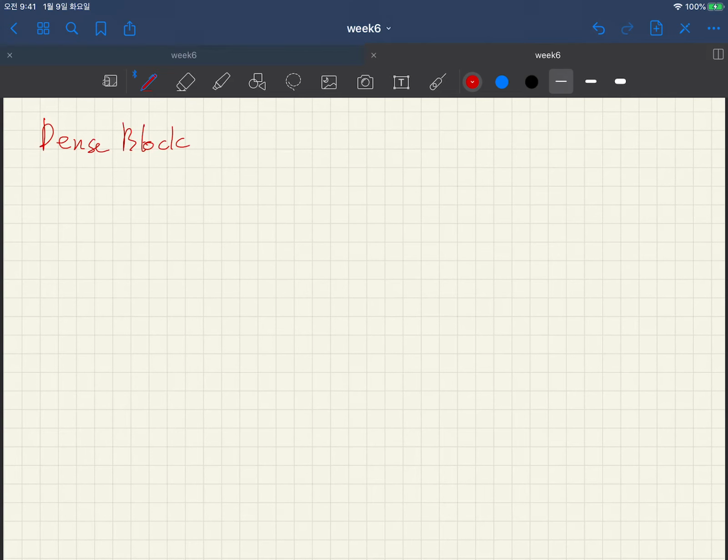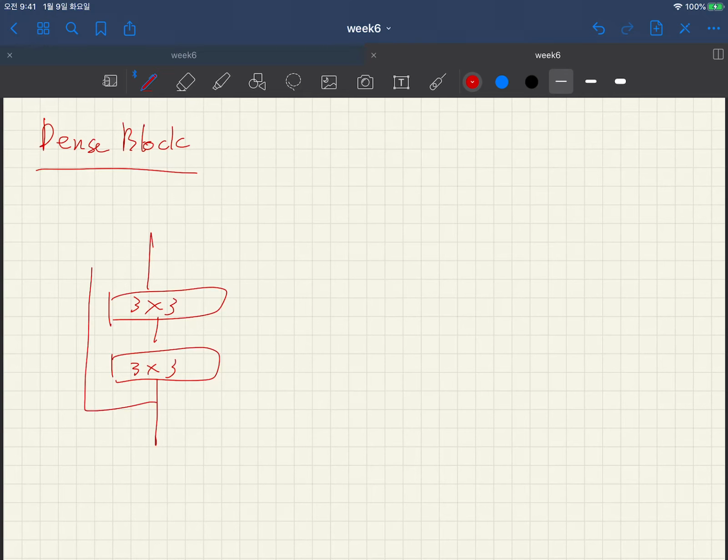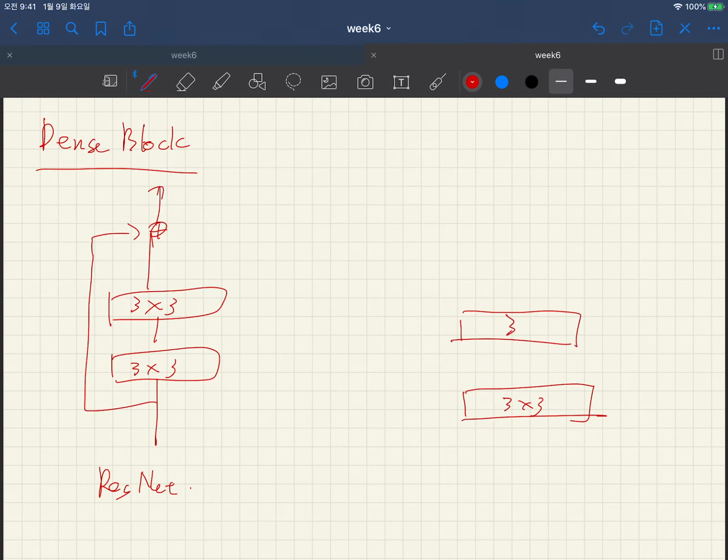Here, instead of using the simple residual block, 3x3, 3x3, and add, so this was the simple ResNet block, the DenseNet structure just simply uses more shortcuts.